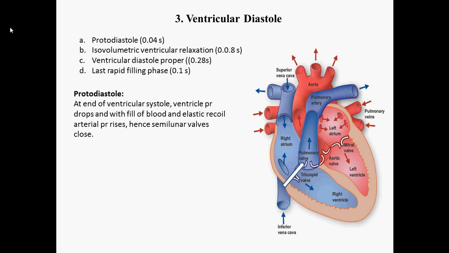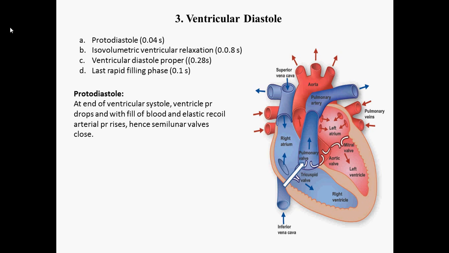That is, it is the stage which just starts at the end of ventricular systole, when the ventricle pressure drops down with all the blood which has entered into the arteries, and with the filling of the arteries there happens an elastic recoil of the aorta or the pulmonary artery.